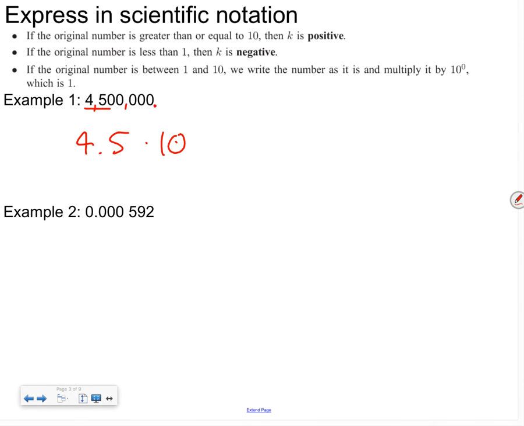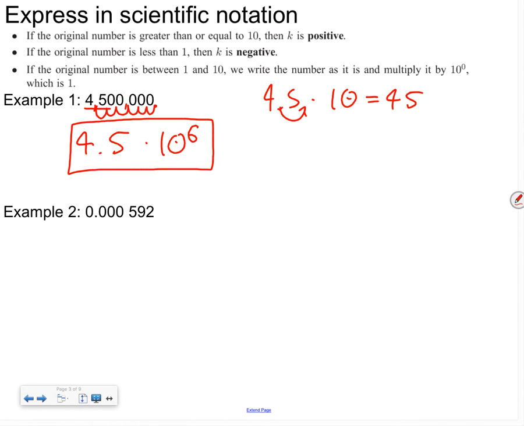If my decimal place is here, I can count over 1, 2, 3, 4, 5, 6. You can imagine multiplying by 10 each time, and we know 4.5 times 10 is equal to 45, which is just moving the decimal place over 1. So how many times do we have to move that decimal place? Well, it's going to be 6. So 4.5 times 10 to the 6 is that.